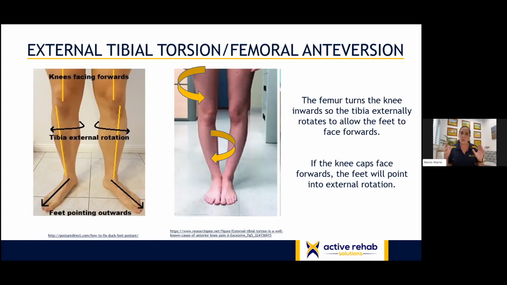If anything, the focus should be stopping the progression rather than trying to fix what is now a structural problem, okay? So you can still work with them, just don't promise the world with fixing that. But it's interesting, you're going to notice, and you probably have noticed, all these types of variations of leg alignment in every class that you do, every small group that you come across. There's all sorts of variations.